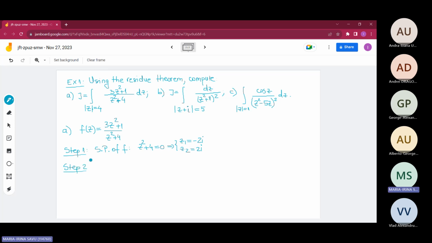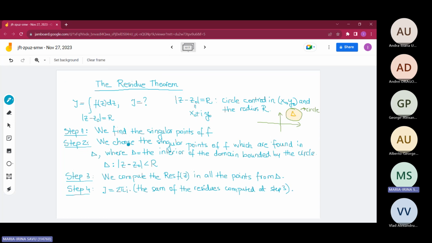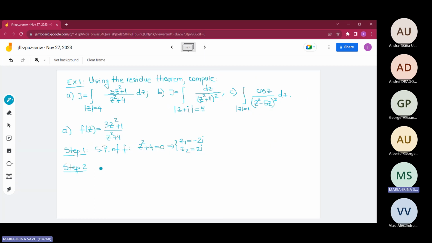But step 2, we have to find the points which are found in the interior of delta. Actually, in the interior of the domain bounded by the circle given here. So we have here two methods. Let's try to use both of them.